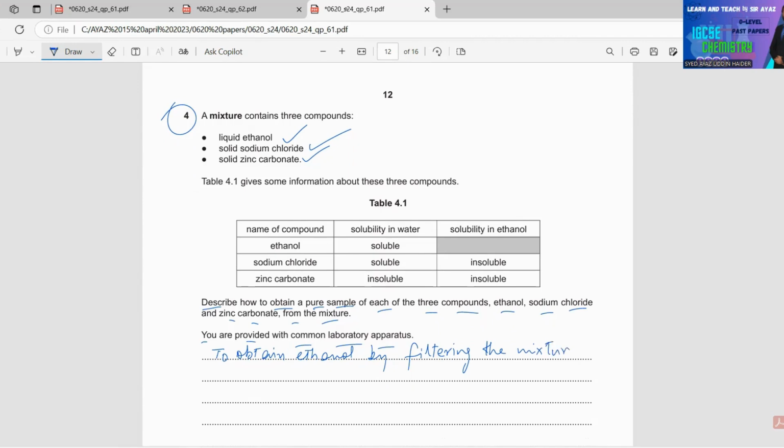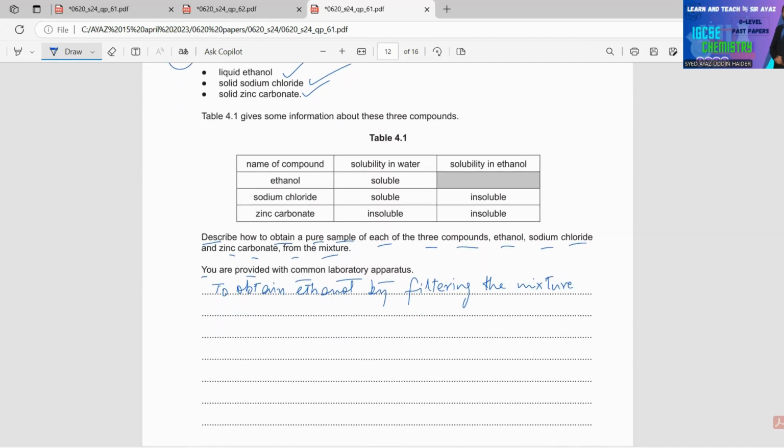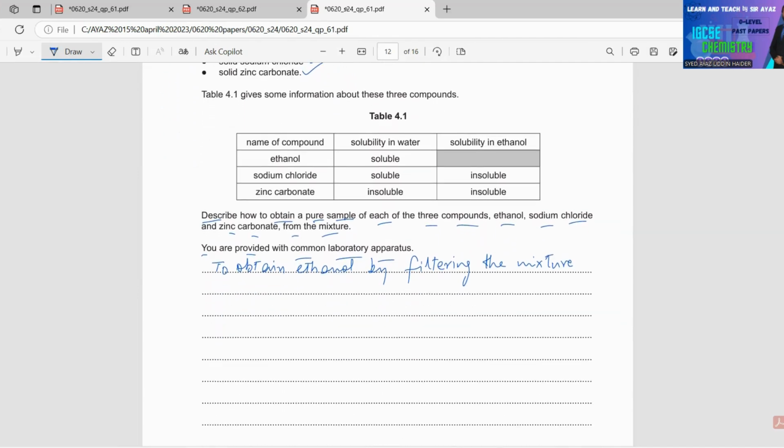As they have already mentioned, sodium chloride and zinc carbonate are insoluble in ethanol. So you can easily get ethanol by filtering, and ethanol will be obtained as filtrate. Now, we are left with sodium chloride and zinc carbonate in the residue.